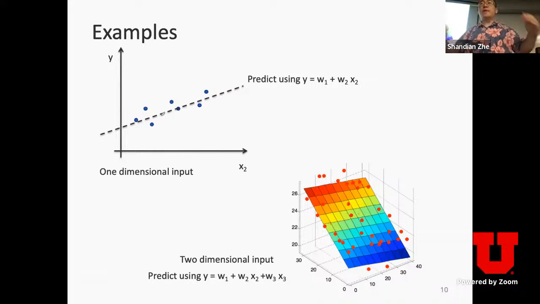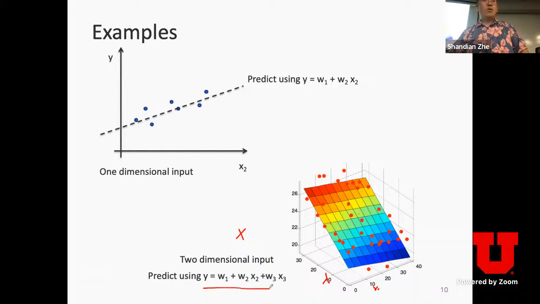And we can consider two-dimensional space. Suppose your feature vectors are two-dimensional. That means your input vectors are just points on this x1, x2 plane. Then you have some y values, which are represented as red dots here.